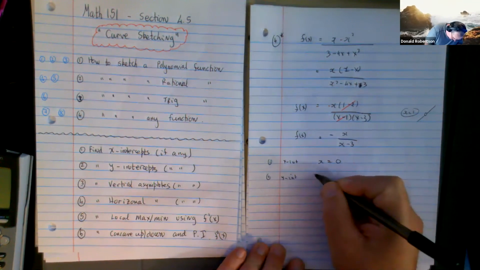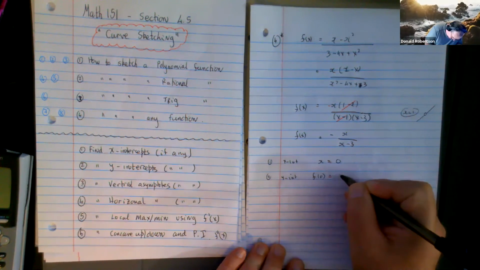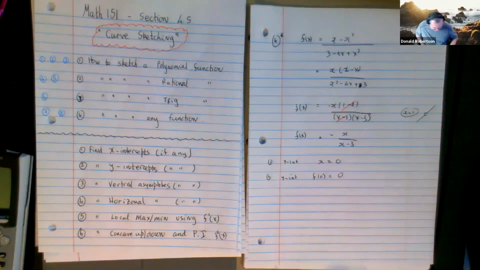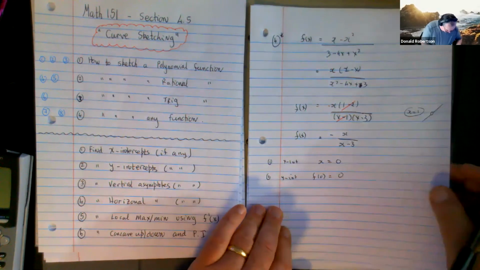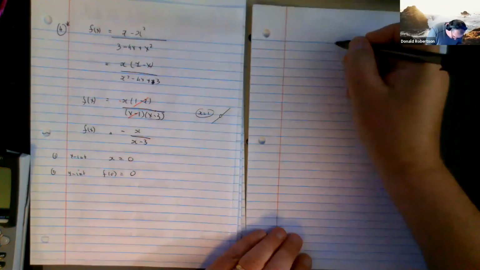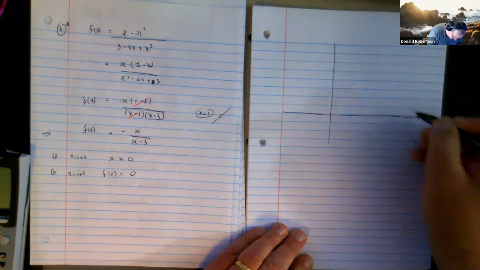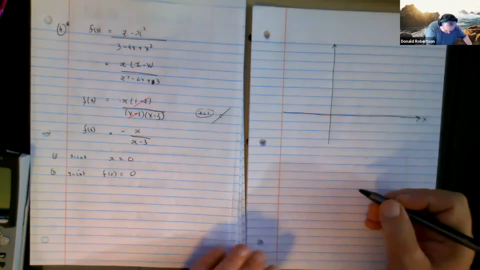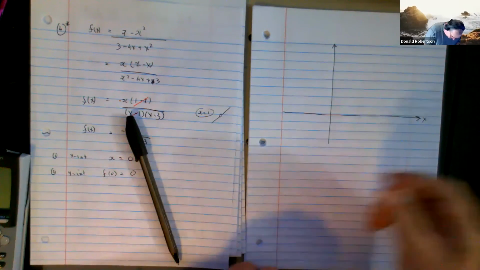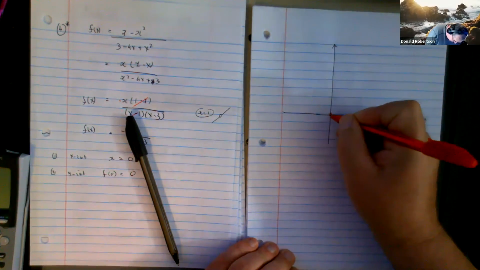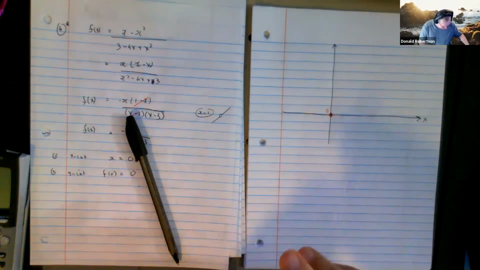The y-intercept is the value of the function at 0, which is 0. So all I know right now is that 0, 0, which is the x and the y-intercept, the origin. That's all I know.